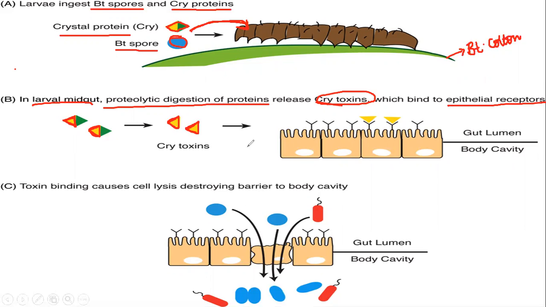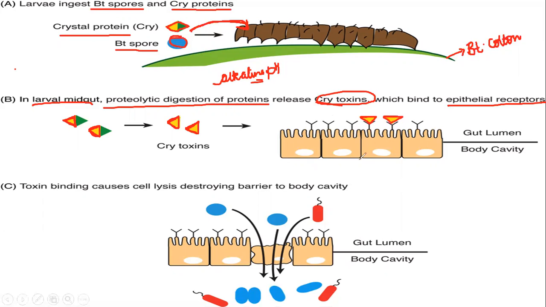After reaching the gut, it binds with the epithelial receptors, and this is due to the alkaline pH of the gut. Clear?